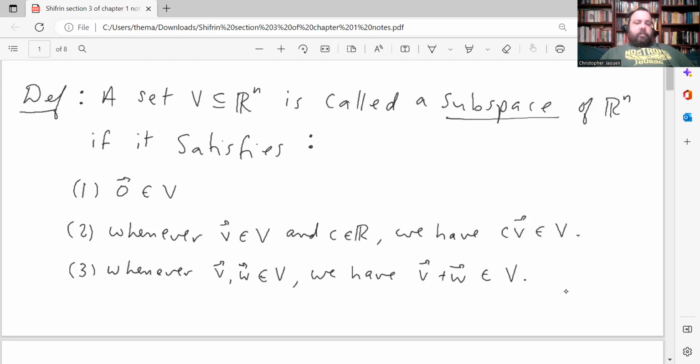And property 3 says whenever v and w are elements of the subset, the sum v plus w is also an element of the subset, or in other words, the set is closed under vector addition. If those three properties hold for some subset of Rn, then it's a subspace.